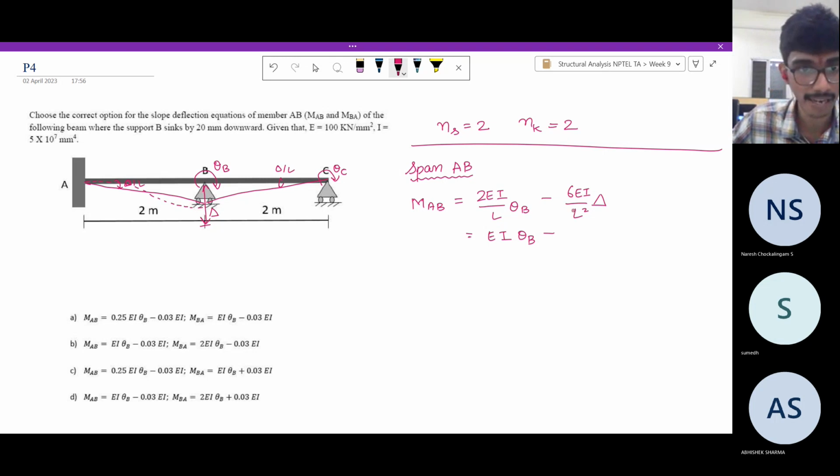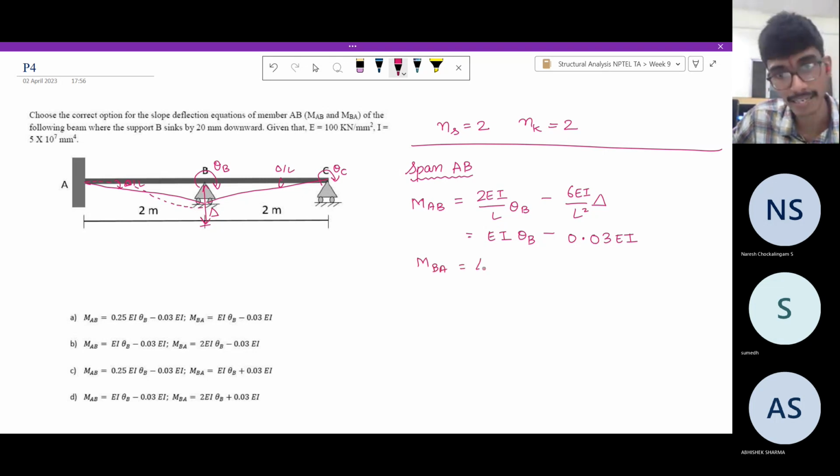So 6 by L square is 1.5. And how much is delta? 20 mm. So 1.5 into 0.02. Always work with SI units. Don't get into mm. So MAB is this. What is MBA?